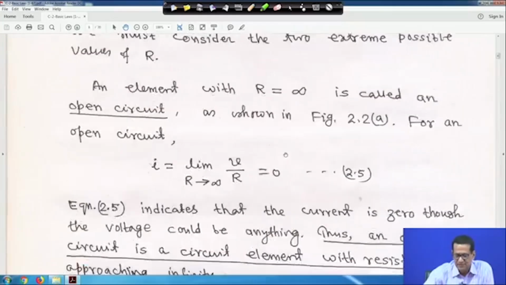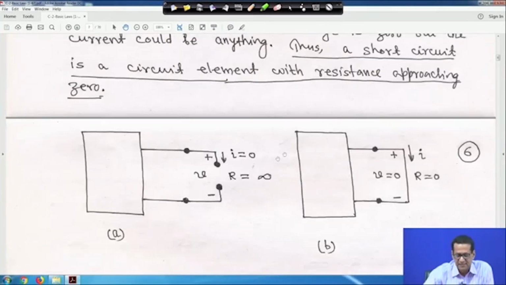So, for example, look at this circuit. Suppose this is some electric circuit represented by a simple box, and this is open. That means R is equal to infinity, that means current is 0. So, when R tends to infinity, I is equal to V by R, so I will be 0. This is called an open circuit, right.